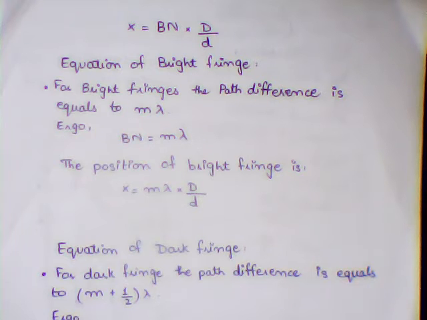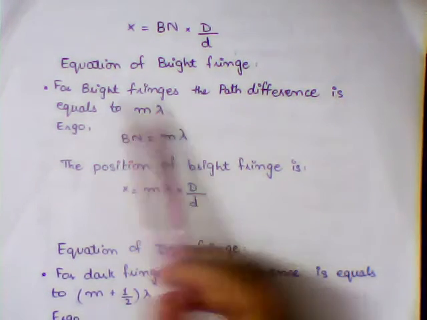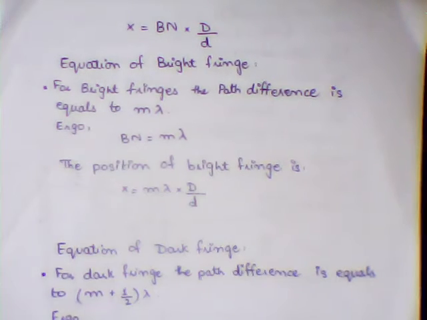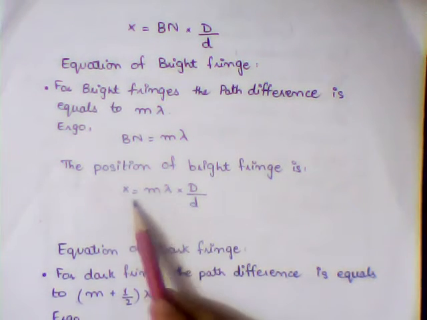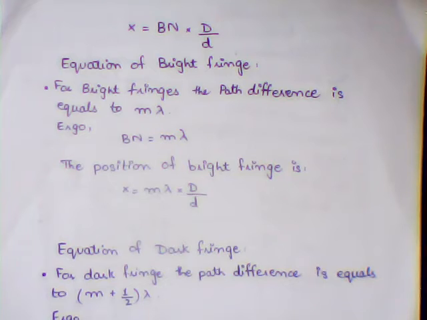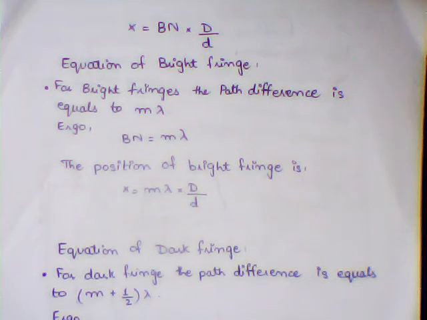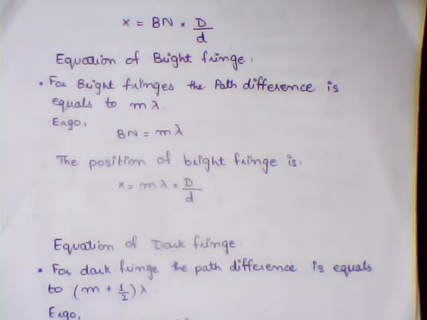Path difference can be measured in meters, but for simplicity in physics we measure it in lambda. So the position of the bright fringe is x equals m lambda times capital D over small d. When x is equal to this, we have a bright fringe, so by this equation we can predict the position of bright fringes.